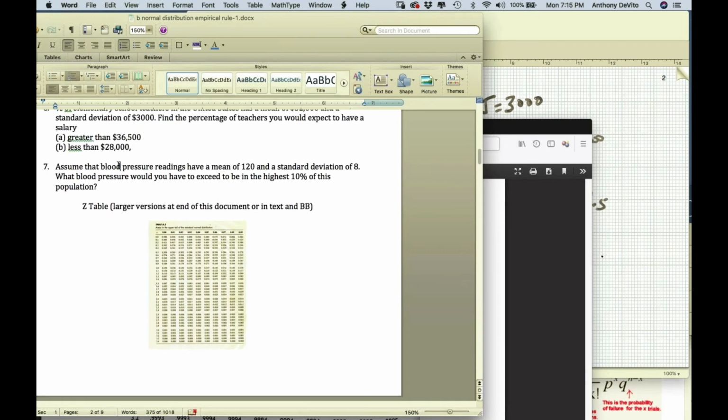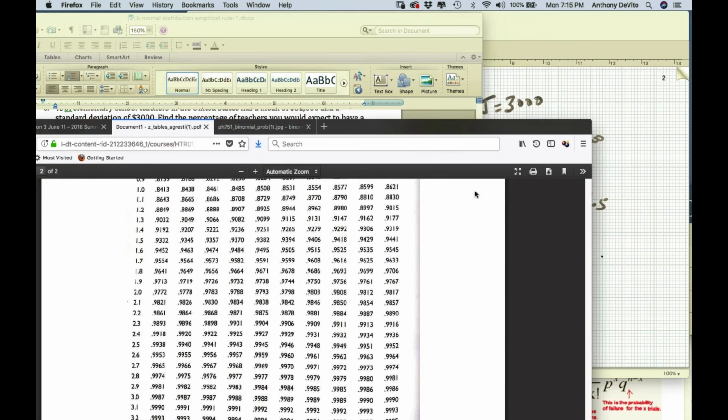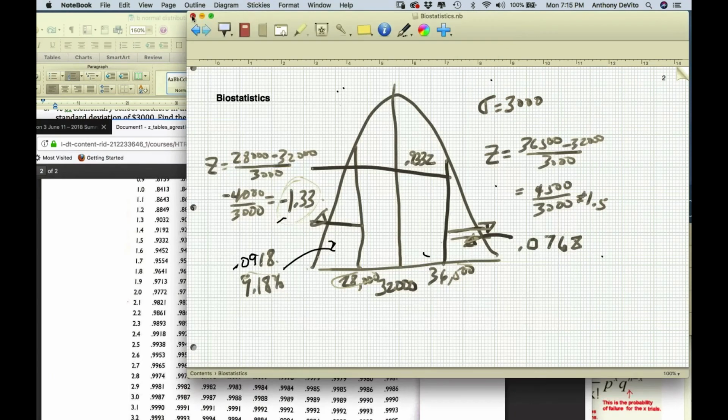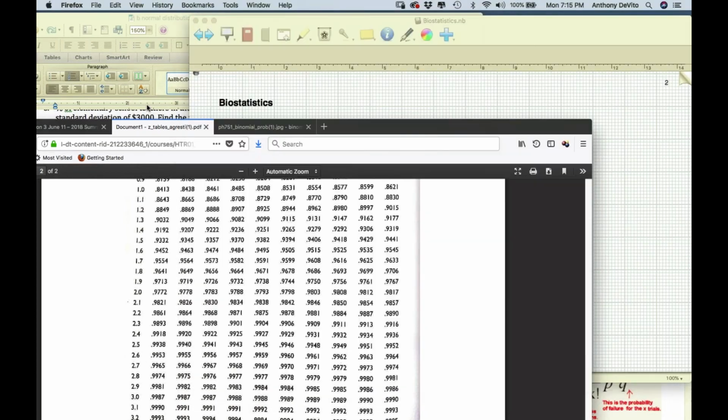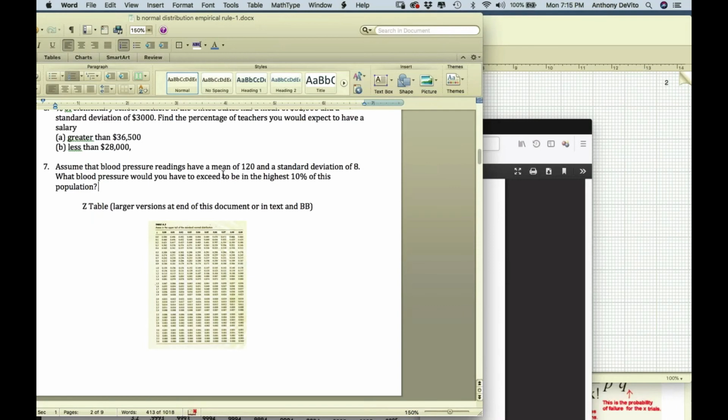Okay, assume that blood pressure readings have a mean of 120 and a standard deviation of 8. What blood pressure would you have to exceed in order to be in the highest 10% of this population? Whoa, that's a real curveball there, right? Let me draw this.